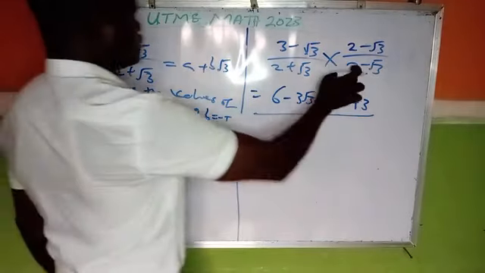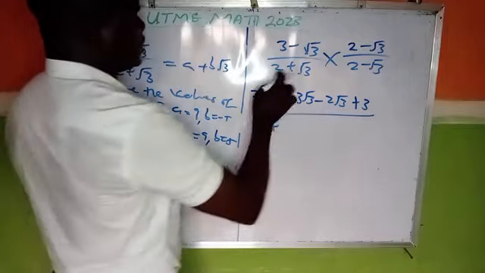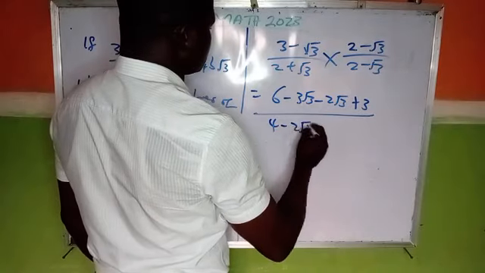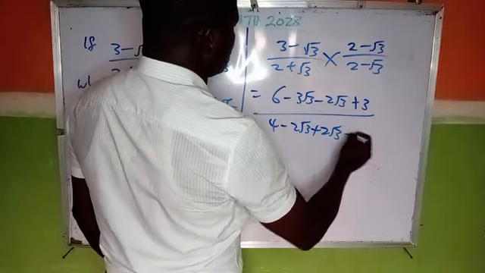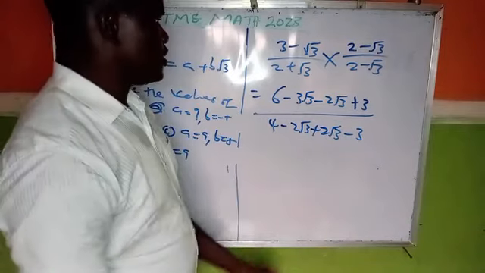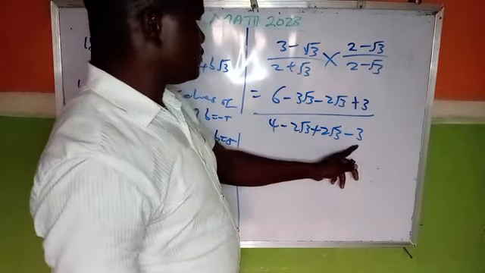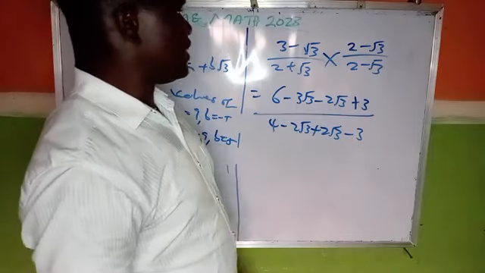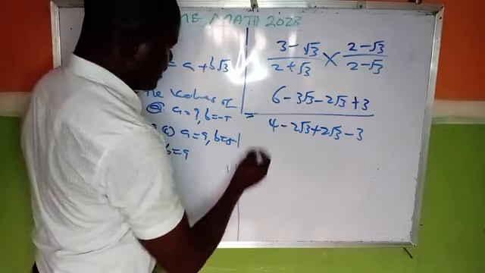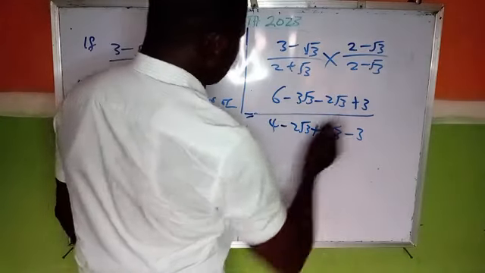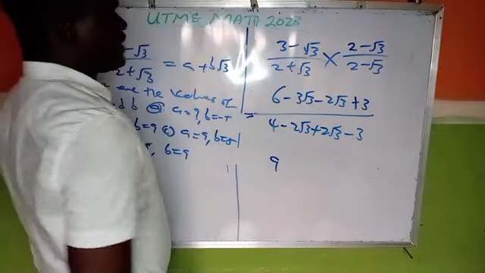Into this multiplied by this, you have 4. This times this, you have minus root 3 plus 2 root 3 minus 3. So root 3 times root 3 again, minus times minus is plus, minus times plus is minus. So what you have here, 6 plus 3, plus 3, you have 9.